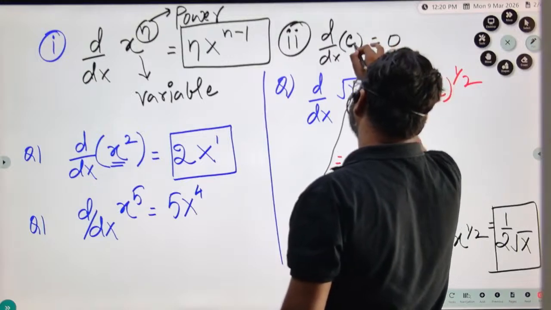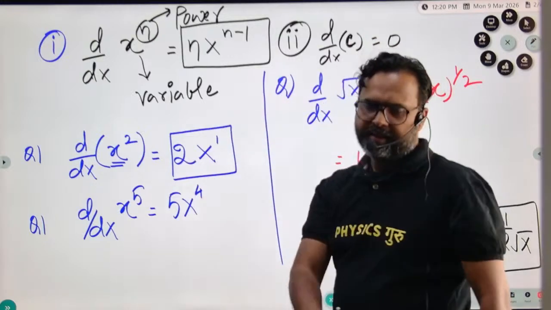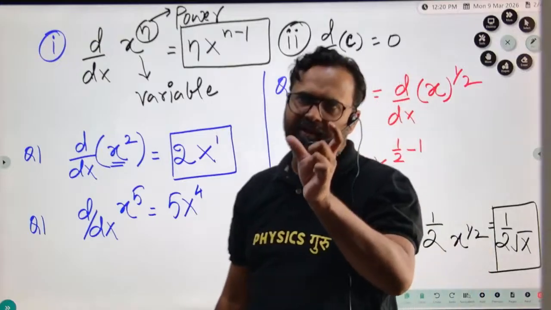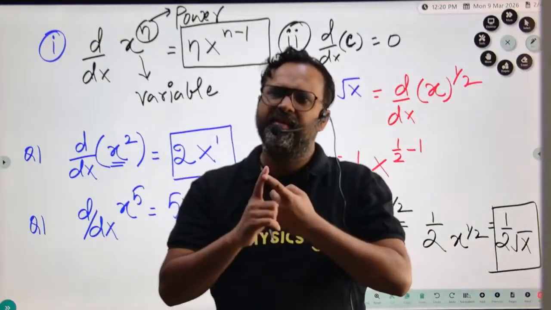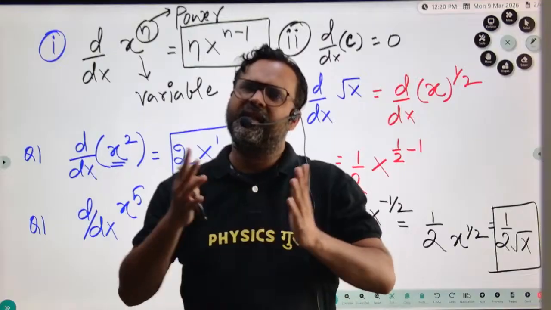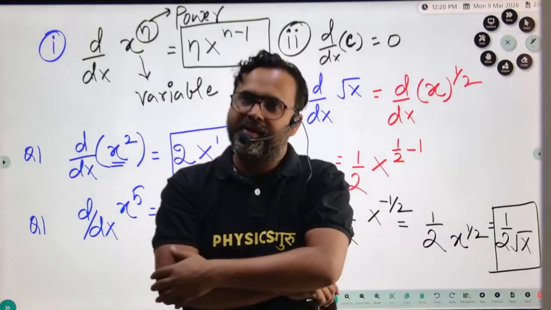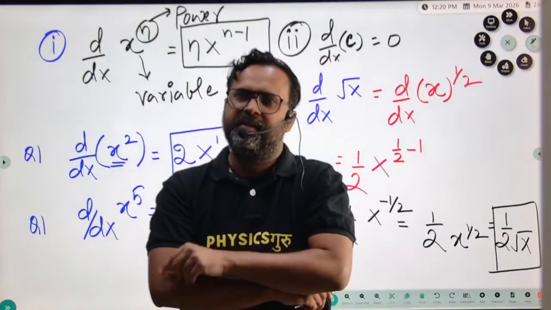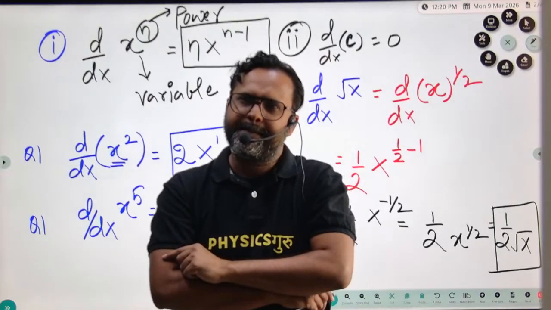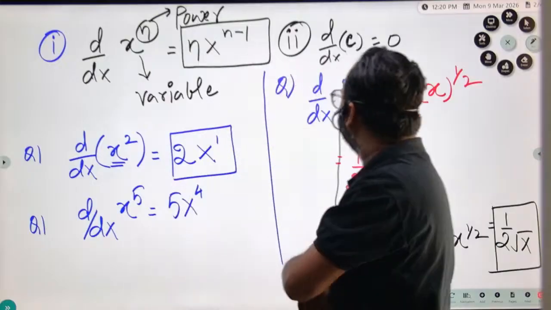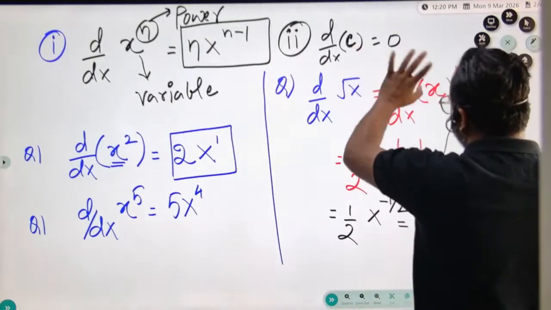Now constant means a numerical value. For example, 2, 5, 10, all these are constants. So the derivative of any constant is always equal to 0. Any doubt? Okay, good.